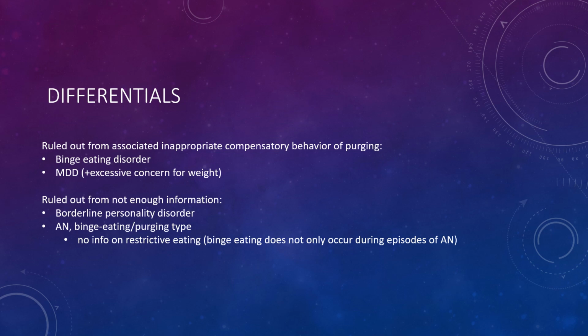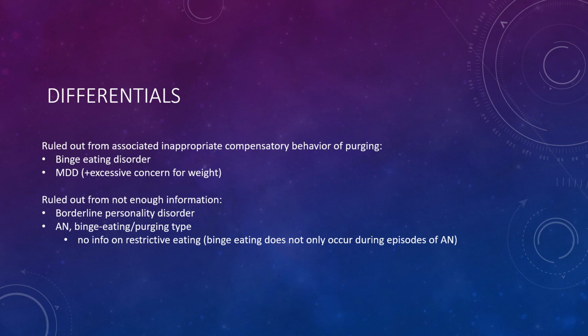So you can easily rule out binge eating disorder because of her associated inappropriate compensatory behavior of purging. And you can also rule out MDD if you were using that as kind of your sole diagnosis because she has expressed excessive concern for weight.